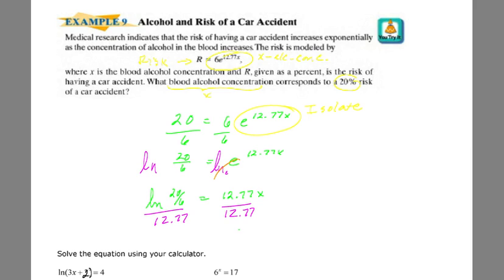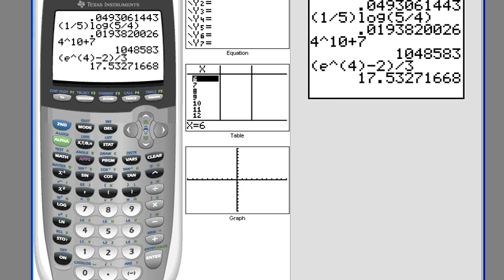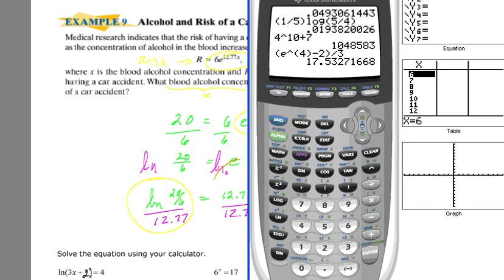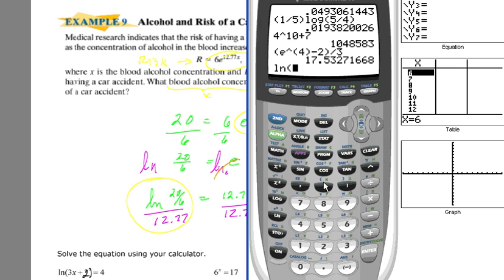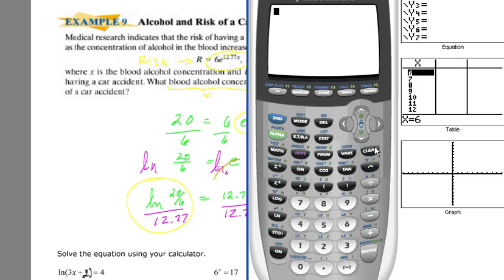We're going to go to our calculator for this and figure out the value of x by calculating this: ln of 20 divided by 6, and that whole quantity divided by 12.77.